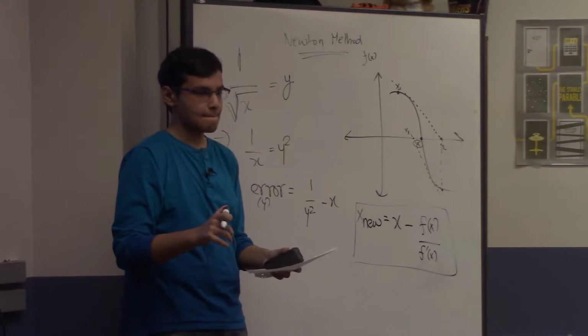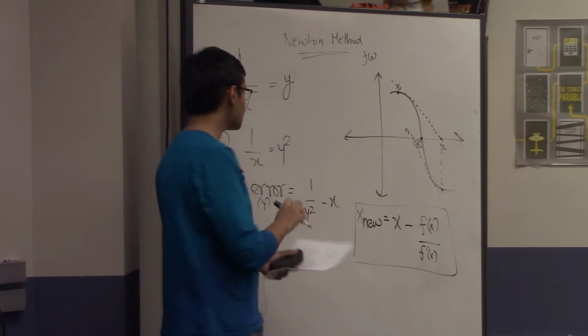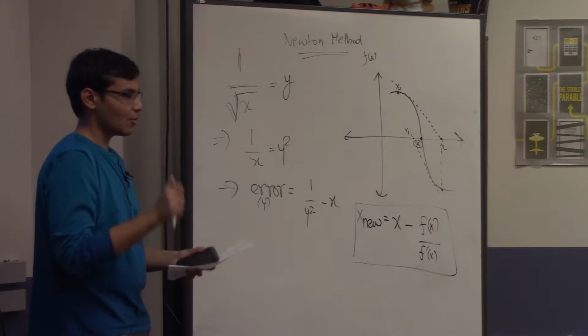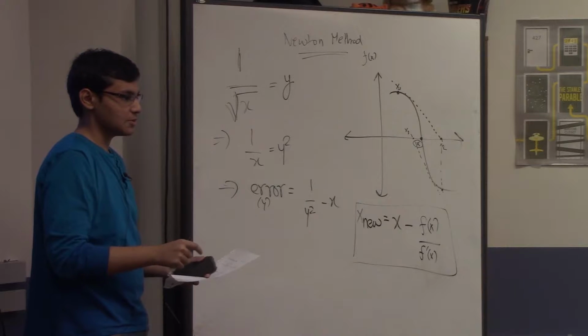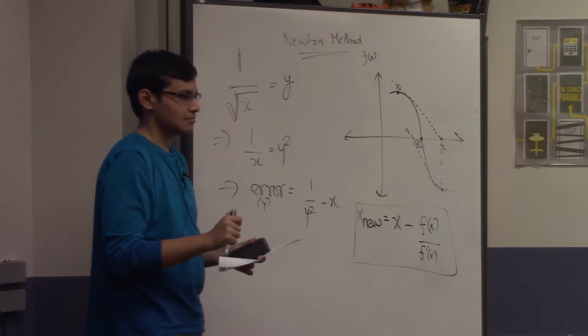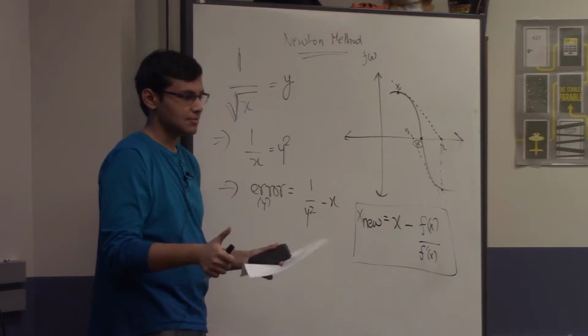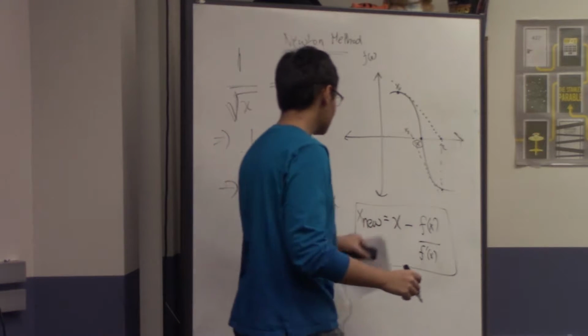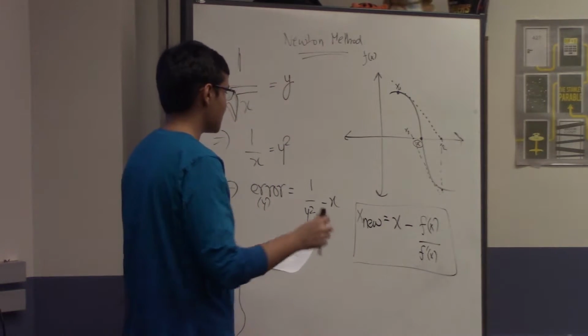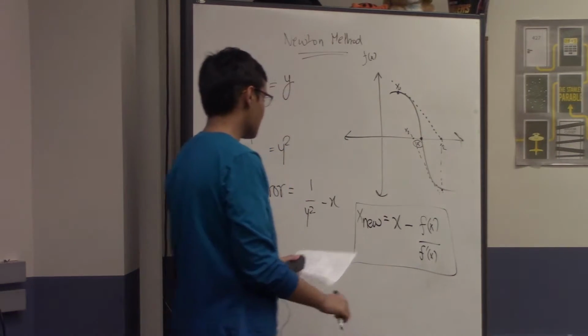Questions? Does everybody understand why I want to minimize this error here? I want that error to be as close to 0 as possible, because that means I have an exact answer for what 1 over square root of x is. Cool? So I have x new equals x minus f of x over f prime of x, and this is how Newton's method is working.